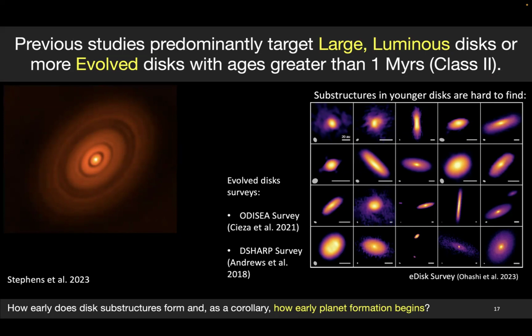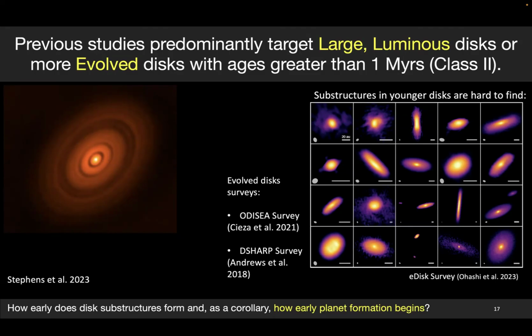Recently, we have started to have surveys looking at younger protoplanetary disks at the Class 0 and I stage. This is the effort led by Ohashi in 2023, the eDisk ALMA large program, shown on the right-hand side. From their sample of 20 Class 0/I sources, you can see that most of them are very smooth. You don't really see substructures in them. This possibly suggests that substructures in younger disks are very hard to find.